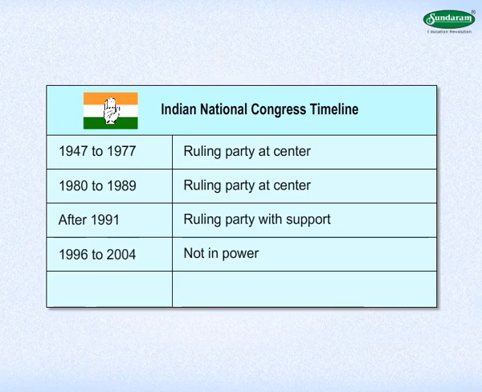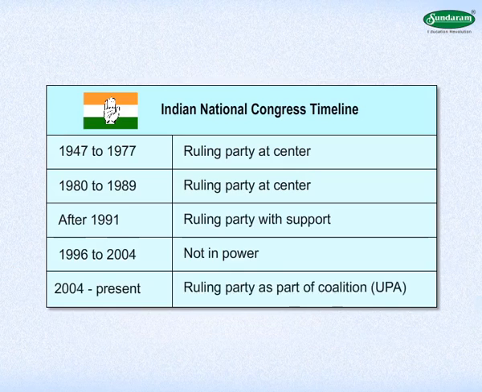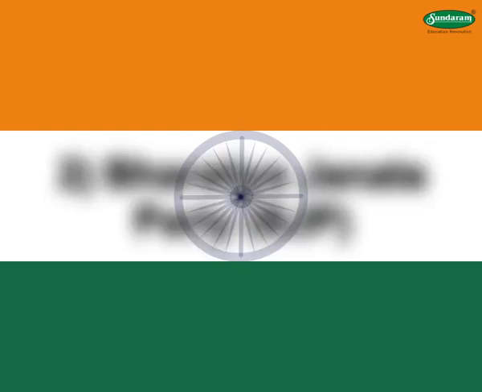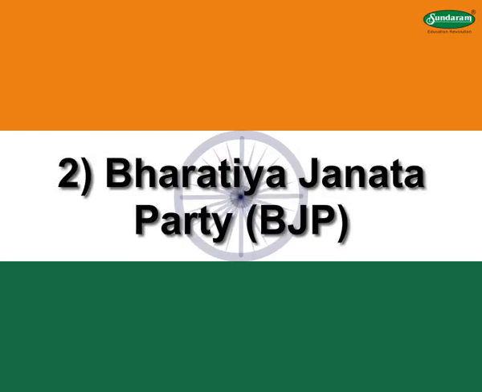The party was not in power from 1996 to 2004. From 2004, the Congress Party is ruling India as a leader of the coalition known as United Progressive Alliance or UPA.